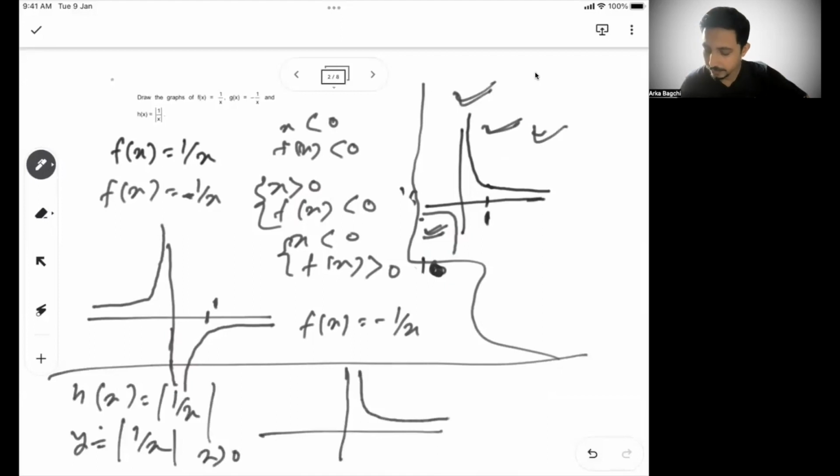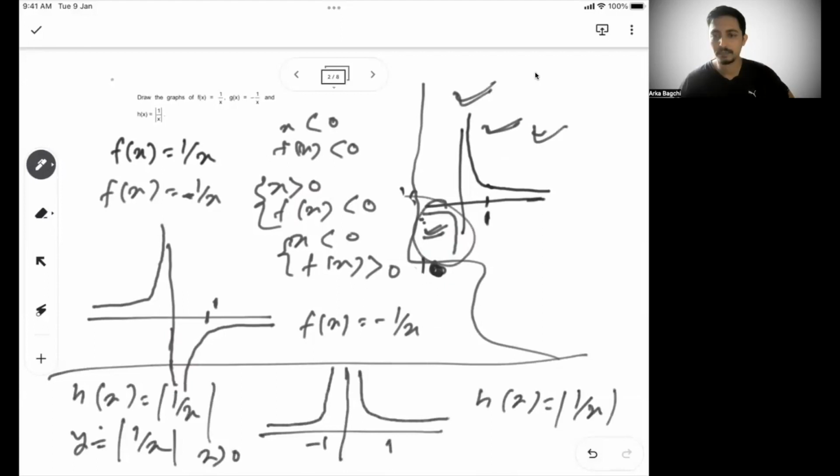Similarly, when x is negative, y will no longer be negative. So in this section, y will be positive. This is 1, this is minus 1. This is the graph of h(x) = |1/x|.